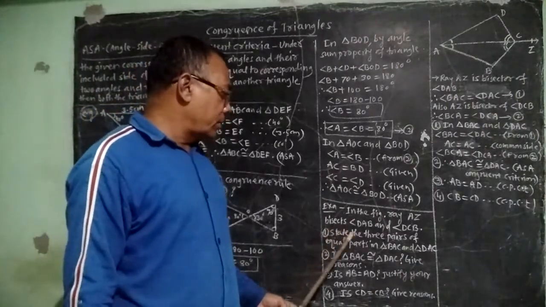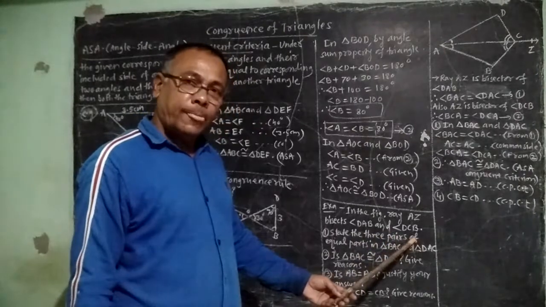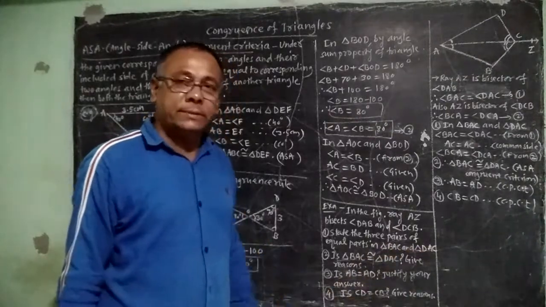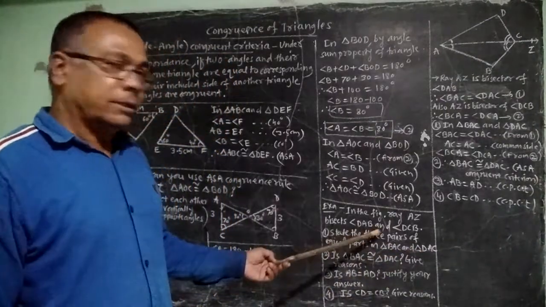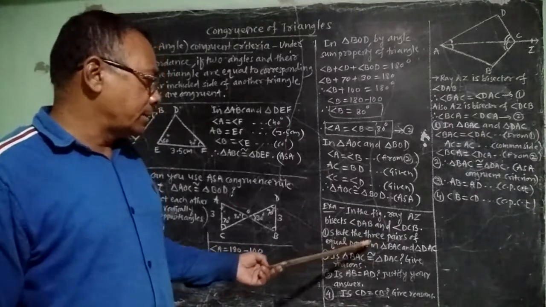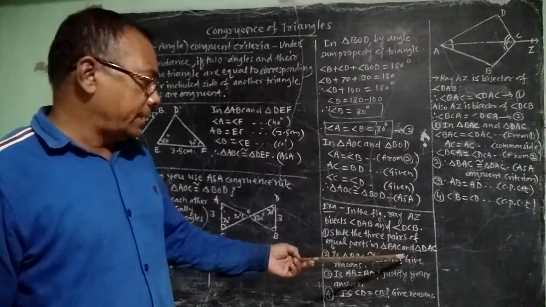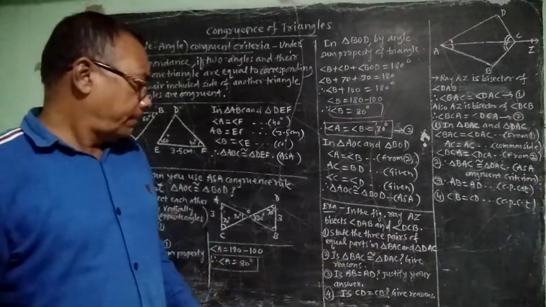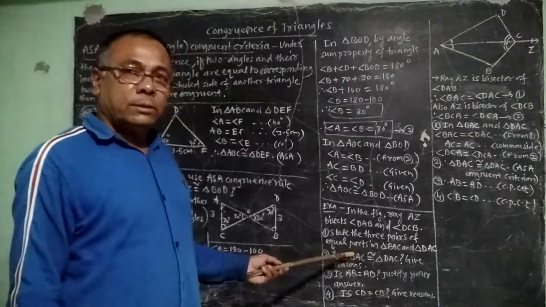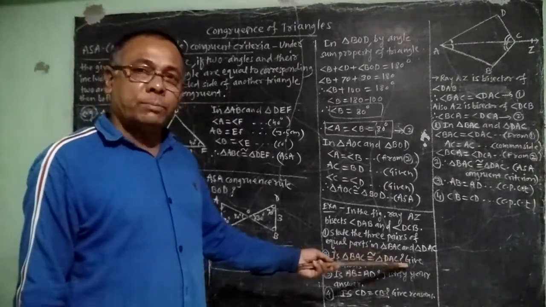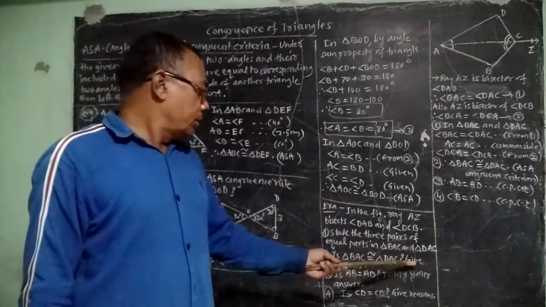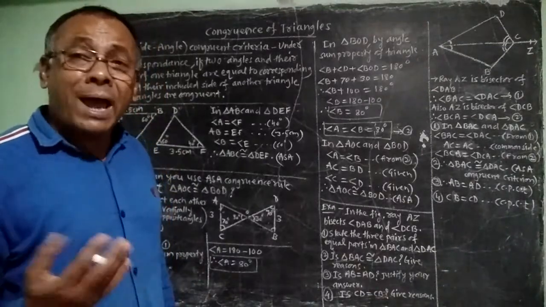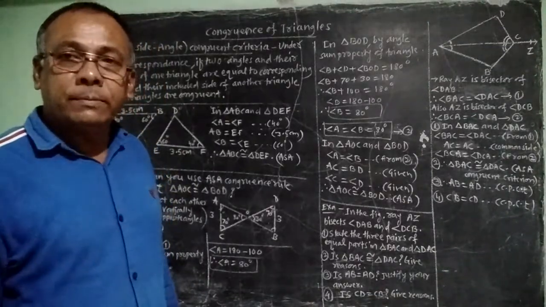First question is, state the three pairs of equal parts in triangle BAC and triangle DAC. Second question is, is triangle BAC congruent to triangle DAC? Give reasons. Means if the two triangles are congruent, we have to give the proper reason why they are congruent.